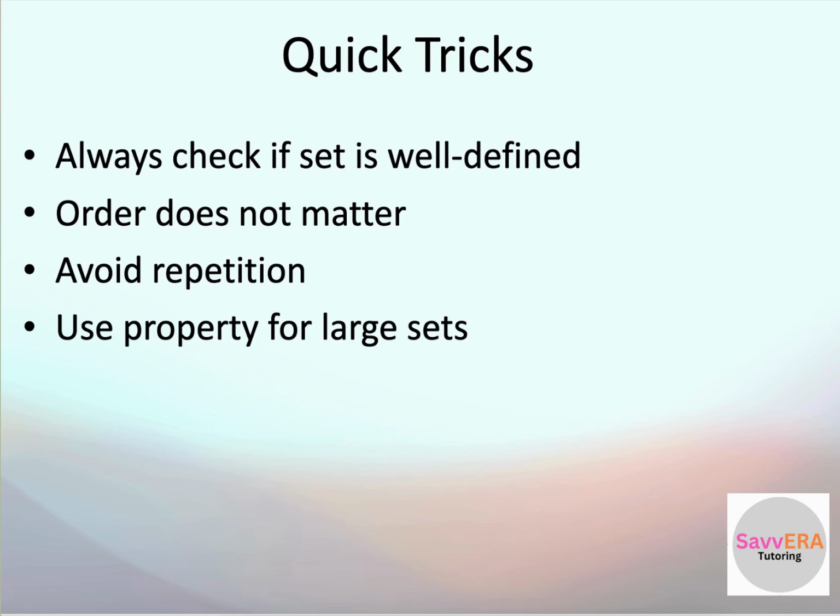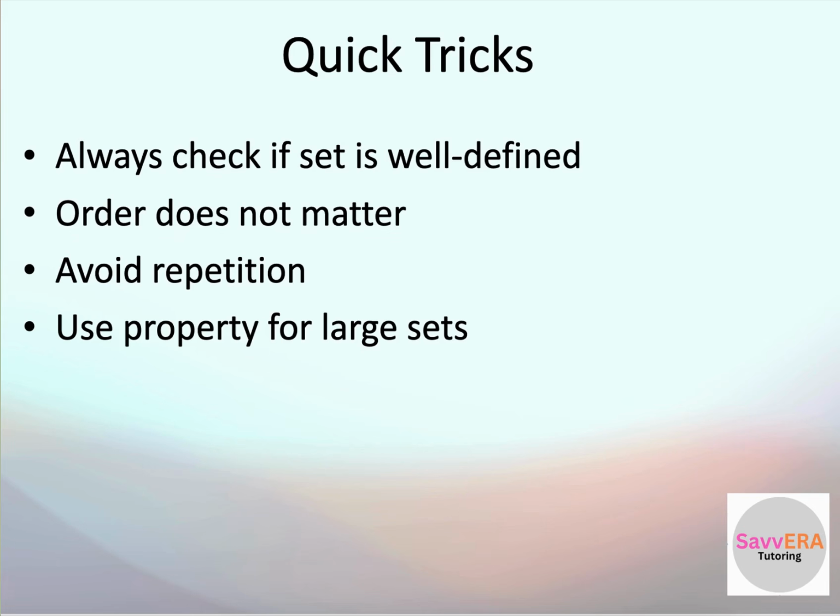All right, moving on to the next one. Some quick tricks. Make sure that the set is well defined, so it's not ambiguous like we had where it says most famous mathematicians, because mathematicians could be famous at different times in different parts of the world.